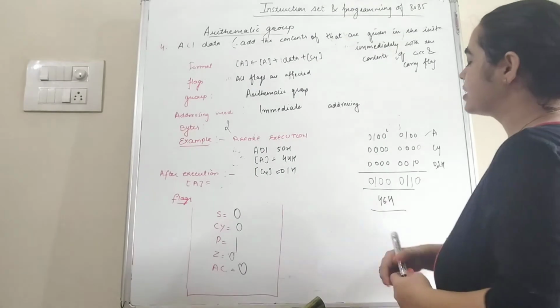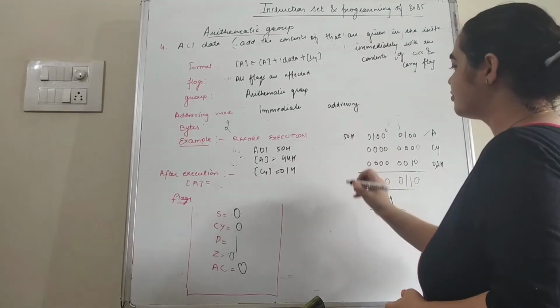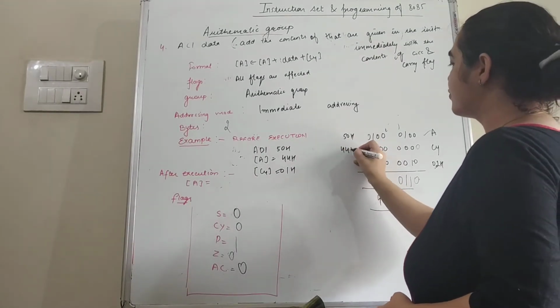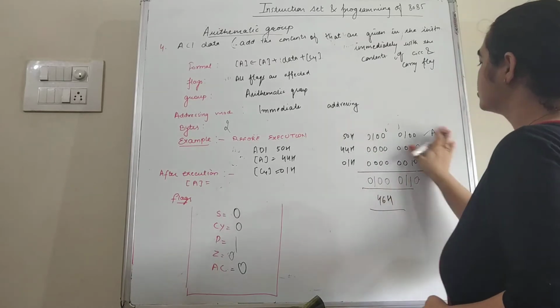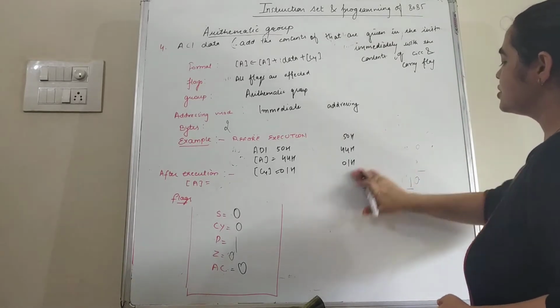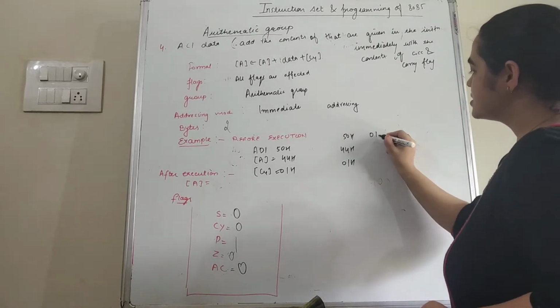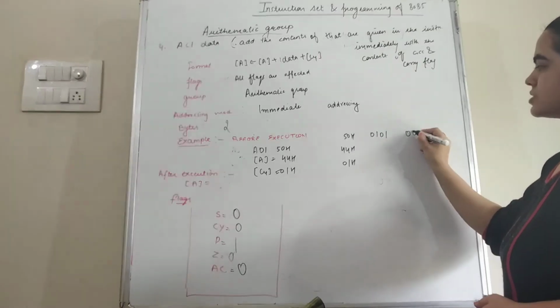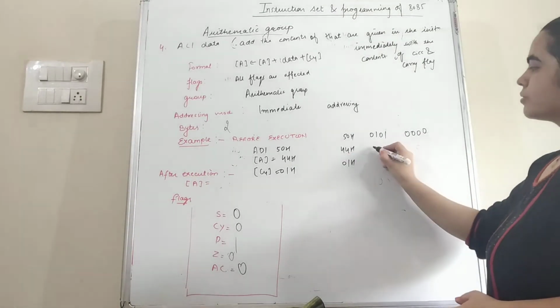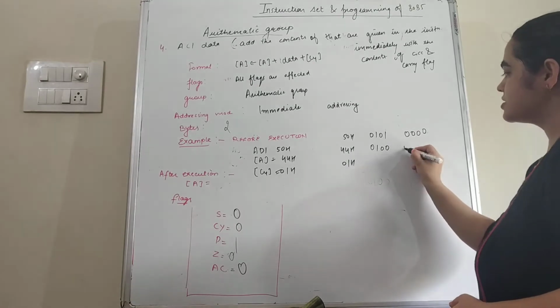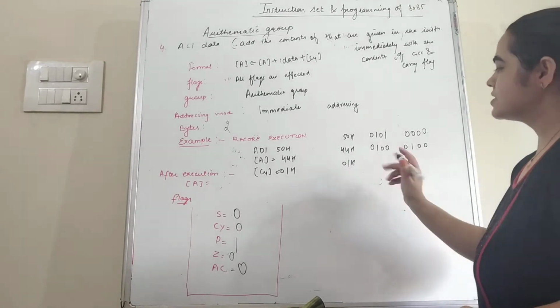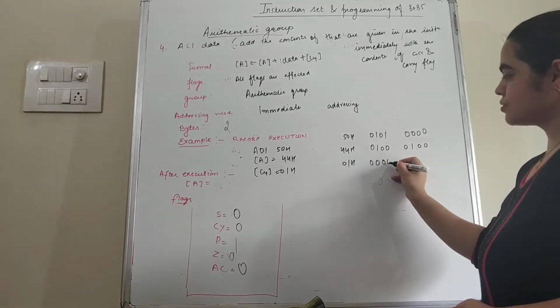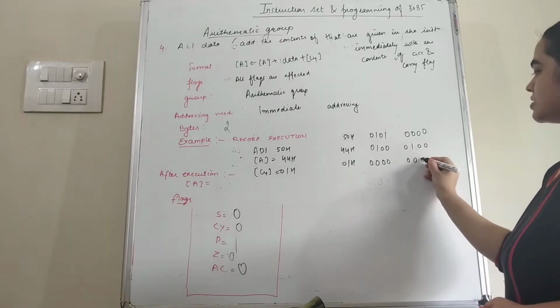Initially we write the binary of 50H, 44H and 01H. 50H means 0101 0000. 44H means 0100 0100. 01H means 0000 0001.